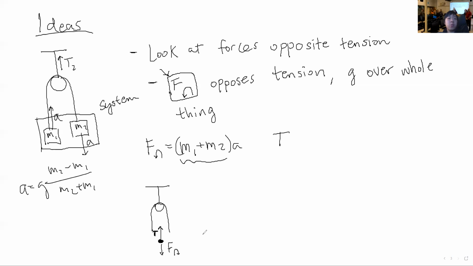And we know that the system has some sort of acceleration, right? So this means we can say that the sum of the masses times the acceleration of the system is equal to the sum of the forces acting on the system, right?